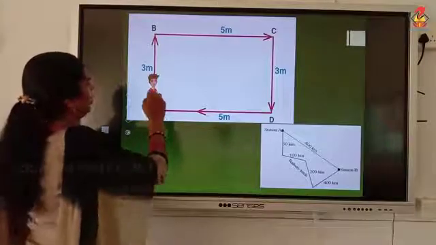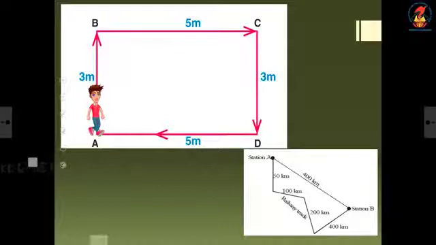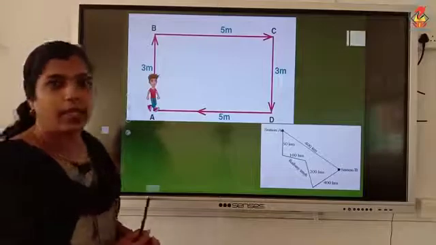To reach B, 3 meter, from B to C, 5 meter, from C to D, 3 meter, and again from D to A, 5 meter. The person starts from A and, after completing a round, reaches the point A itself. So, what is the distance and the displacement traveled by him?